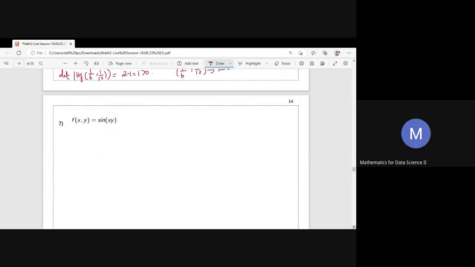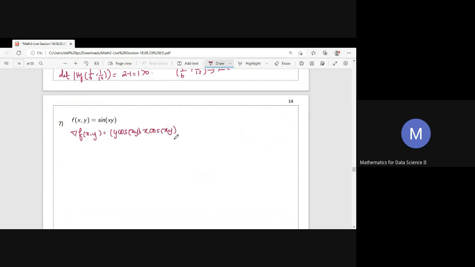So this function we have already done, but here again you see what the critical points are. It is not straightforward, so let us do this problem also. What is your del f of x comma y? We have already done this: y cos of xy, x cos xy.